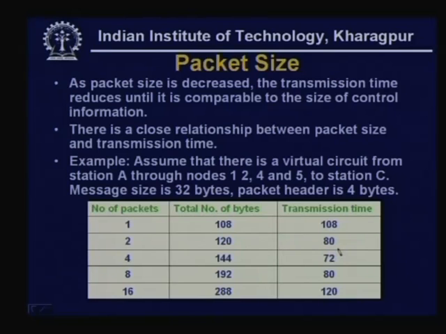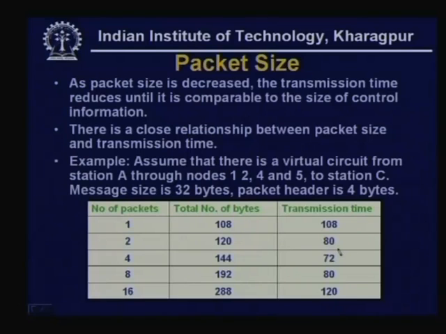Now, there is a question about the packet size. We have seen that a message is broken down into smaller size packets. The question is, how small? Should it be very small? Obviously, as we shall see, that cannot be done.